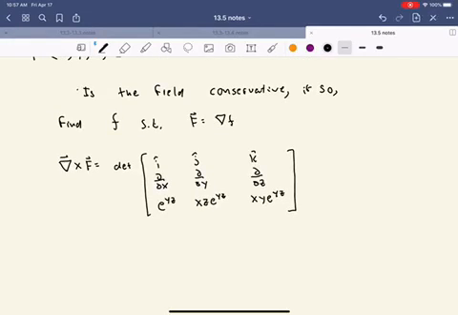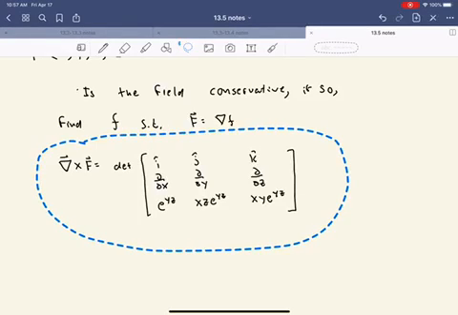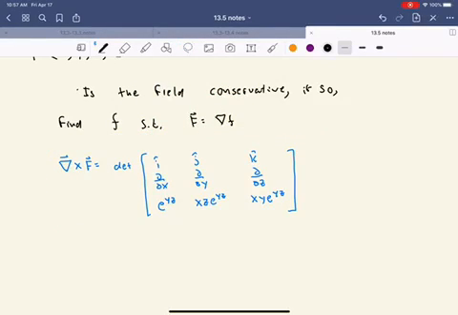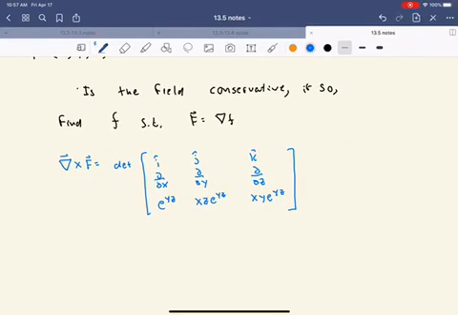Okay. Let me change the color here. I like that blue. That's a nice blue. So now we're going to take i hat times partial with respect to y of xy e to the yz, minus partial with respect to z of xz e to the yz.